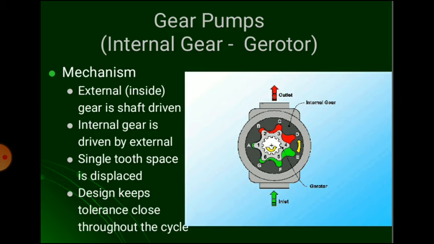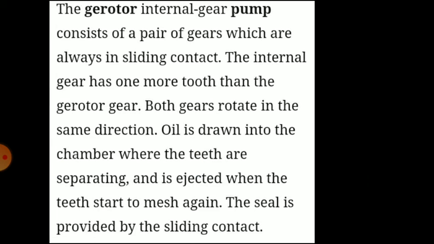The inner rotor always has one tooth less than the number of teeth on the outer rotor. Generally, the inner has 6 and the outer has 7 teeth. The tooth form of the inner element is such that each tooth of the inner element is always in sliding contact with the surface of the outer element.